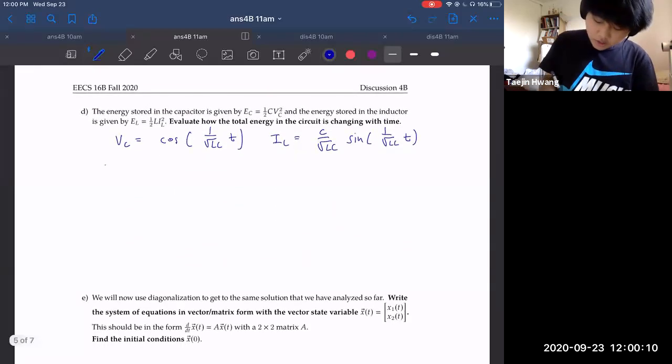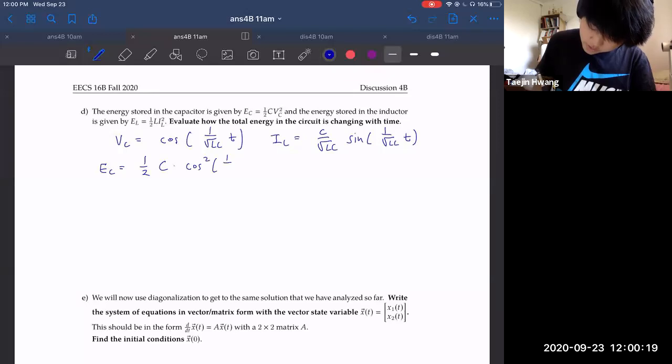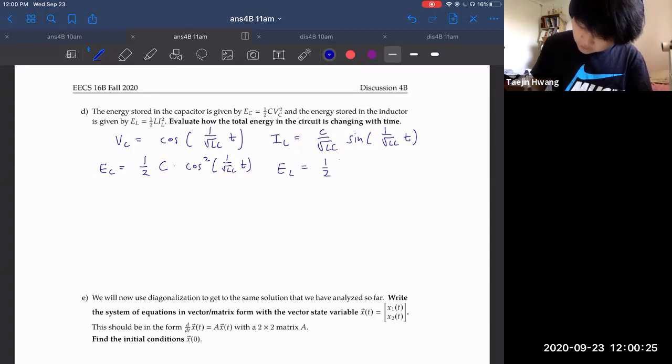We can just take a look at their individual energies. So this would be 1/2 C times cosine squared. And the energy across the inductor would be 1/2 L times C squared over LC, sine squared of 1 over the square root of LC times t.